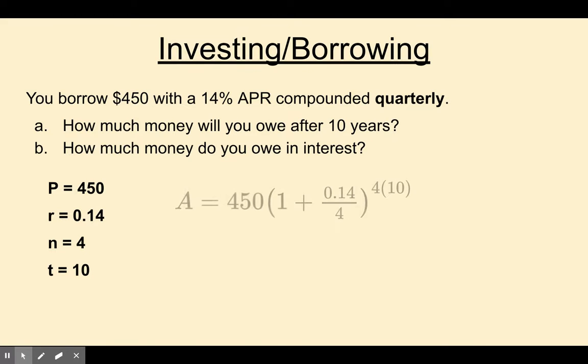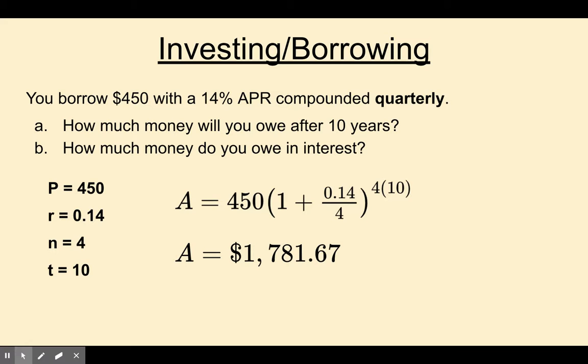So plug it back in the formula. Now you'll see divided by 4. I'm not getting 14% every quarter, I'm getting a fourth of this. And then for 10 years, I do it 4 times every year. So I'm going to have 1,781.67.